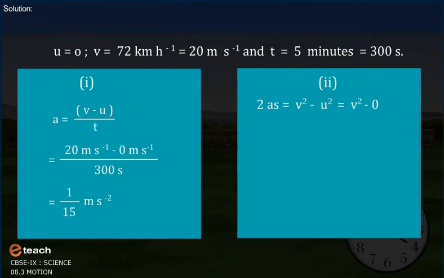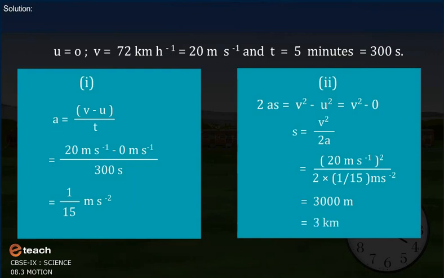Thus, s = v² divided by 2a, that is equal to (20 meter per second)² divided by 2 × 1/15 m s⁻², that is equal to 3000 meter, that is equal to 3 kilometer. The acceleration of the train is 1/15 m s⁻², and the distance traveled is 3 kilometer.